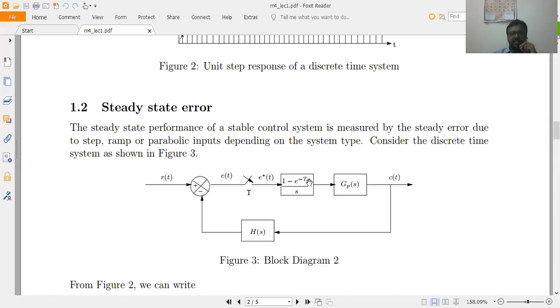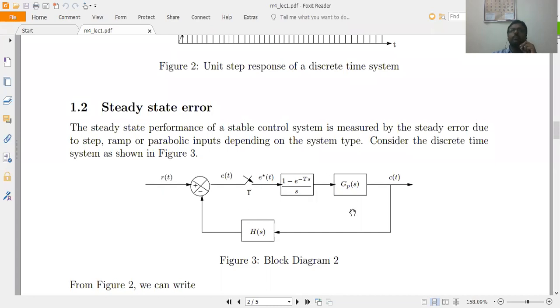This particular function is nothing but called a zero order hold or hold circuit.